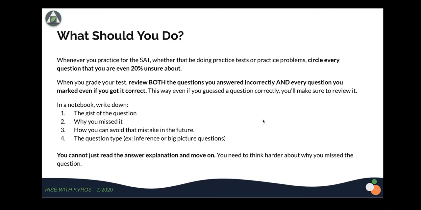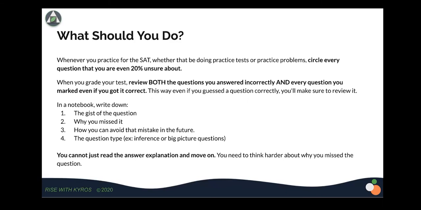Okay, and then so what should you do? Whenever you practice for the SAT, whether that be practice tests or practice problems, it's very helpful to circle every question you're even 20% unsure about.